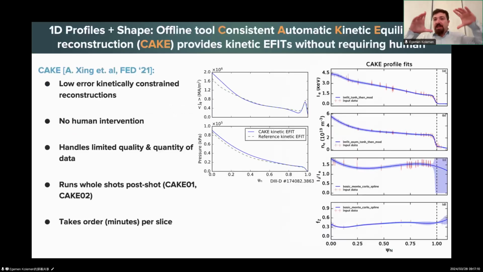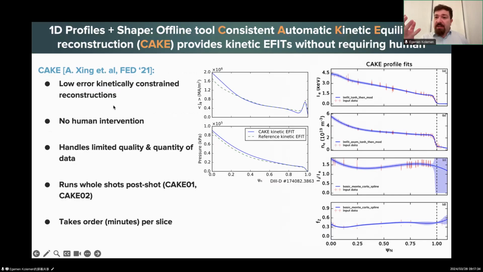Okay, so now we got the shape. We got the shape using the machine learning surrogate model. Now we need to find the profile inside from the core to the edge. So for that, we developed consistent automatic equilibrium reconstruction called CAKE. So basically, this is the hard part of every work. We just take all the experimental data and develop the code.